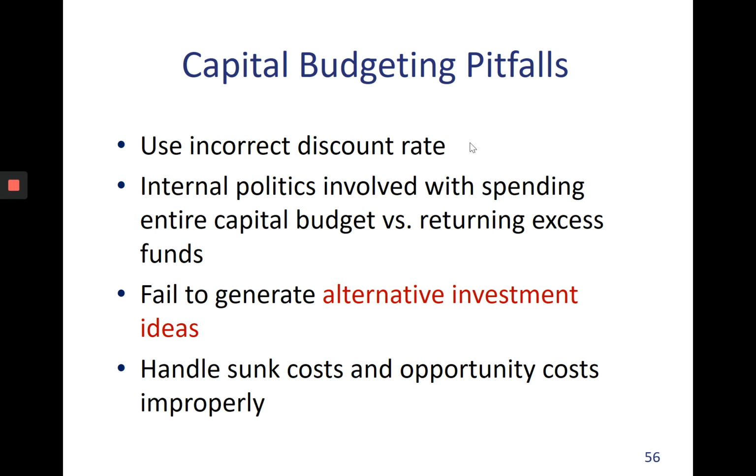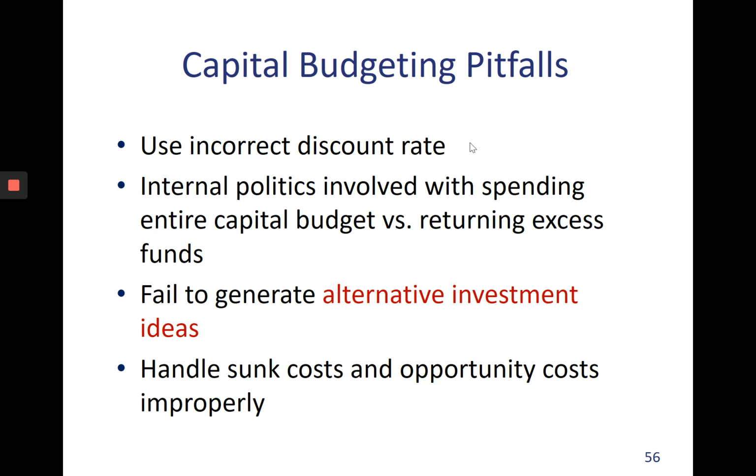There are also relationships inside the corporation, what we can call internal politics, that could affect capital budgeting. For example, a new project may cause tensions among our employees and managers of this project and all projects, and this may affect the cash flows of the project.